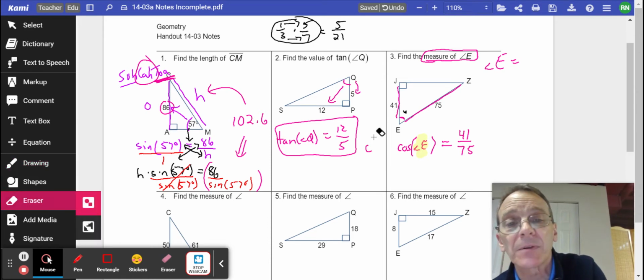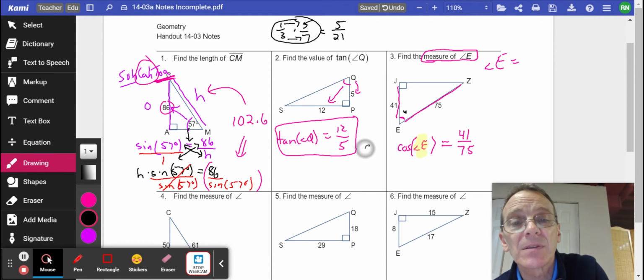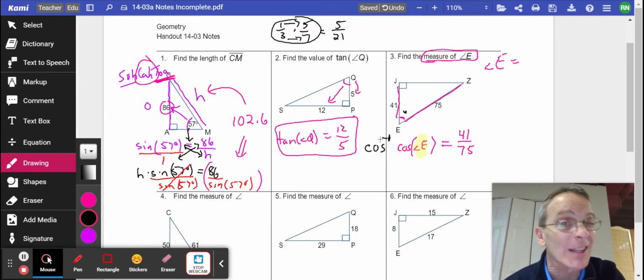Let me get a different color here. Looks like this. cos, which looks just like cosine, but then it looks like that cos is being raised to the negative first power. That's not really what cosine inverse is, which, in my opinion, is potentially really confusing.